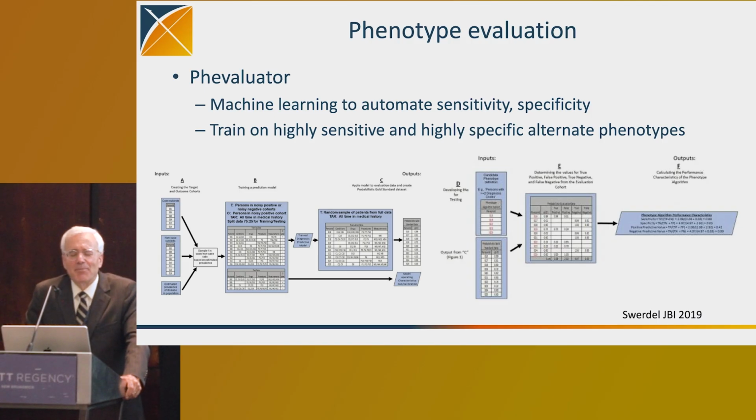Like, let me just pick everyone who has 5 MI codes in their database as probably having the MI. Use that as highly specific, and one is highly sensitive, any evidence whatsoever. And then I train a machine learning algorithm, and then I estimate the sensitivity and specificity of your phenotype using that algorithm. So that's kind of a wacky thing. It shouldn't necessarily work. But in fact, empirically it comes up with pretty accurate estimates of sensitivity and specificity. So it's another tool available to you.